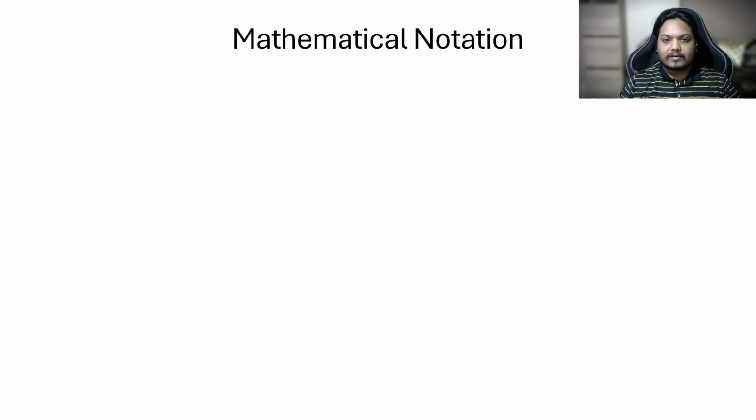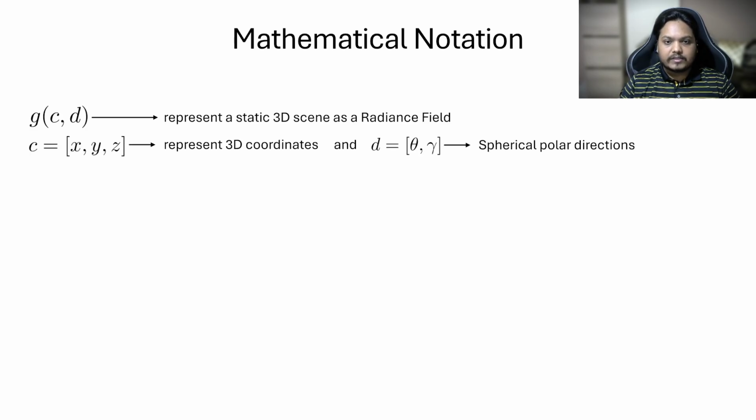Here are the mathematical notations used to describe our proposed method. Let the function g of c, d represent a static 3D radiance field, where c represents the 3D coordinates and d represents the 3D direction. Thus, g is a 4-dimensional vector field on a 5-dimensional space, mapping the tuple of c, d to sigma and RGB values.